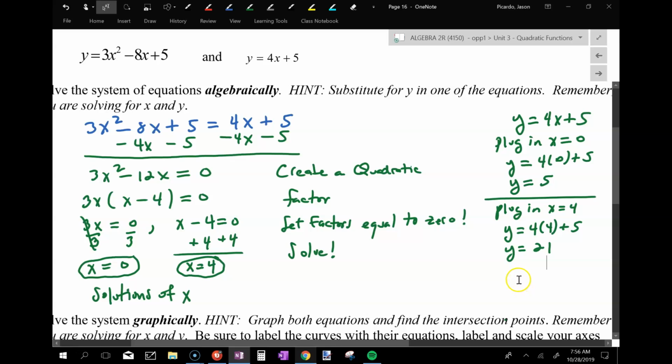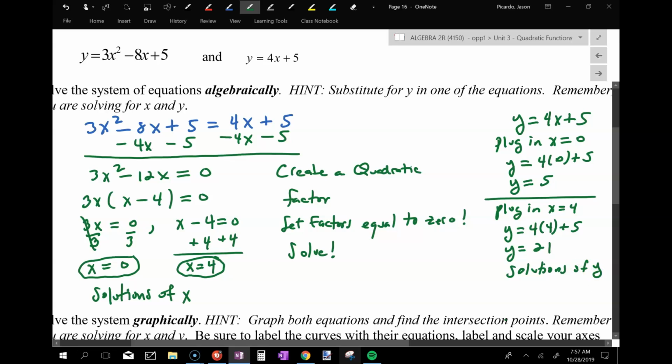And 21. Hi, Jamie. Now notice something, guys, right? When I plugged in the 0, I got a solution of 5. When I plugged in the 4, I got a solution of 21. Those are unique to each other, right? So what I actually want to do is this, right? These are my solutions of y.